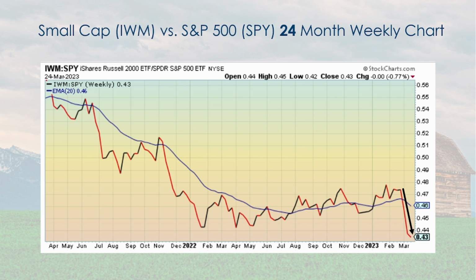So you can see over the past 24 months, when it dropped, that favored large cap, the S&P 500. When it goes up, that favors small cap. Generally speaking, over that period of time, it has gone down, which has favored large cap relative to small cap.